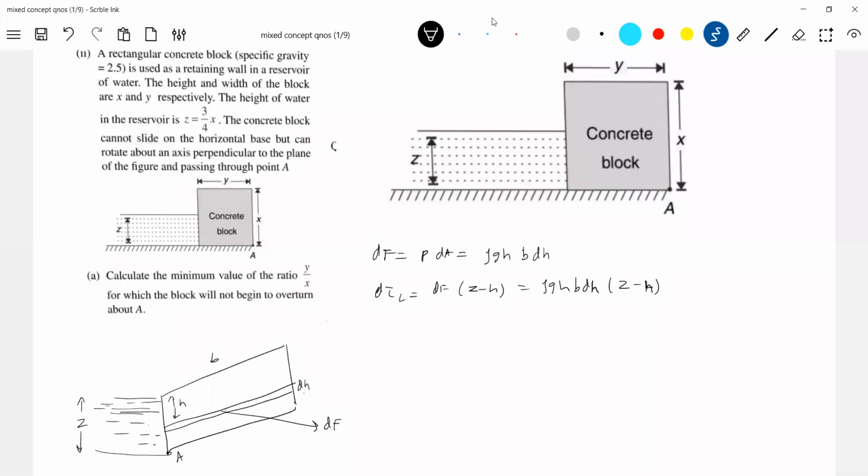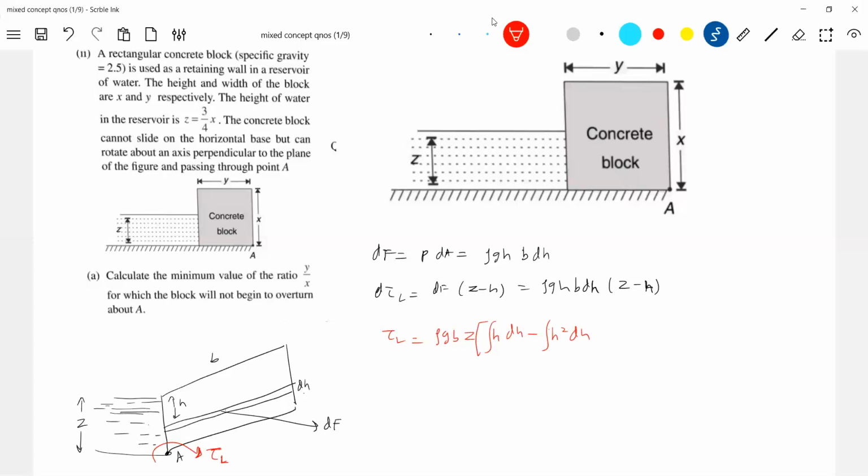About point A we are going for the torque, and the torque by the liquid will be in this sense, like this. Please use your imagination, because I can't put everything in a systematic diagram, 3D diagrams are not possible. Therefore, I'll go for integration. Torque due to liquid, I'll get rho g B integral of (Z h minus h square) dh.